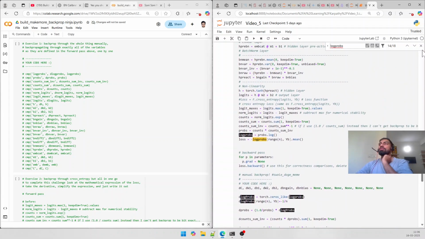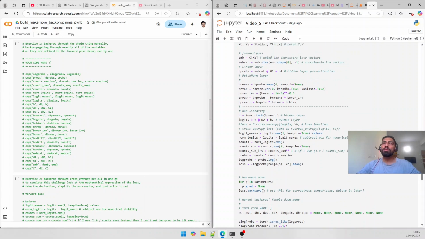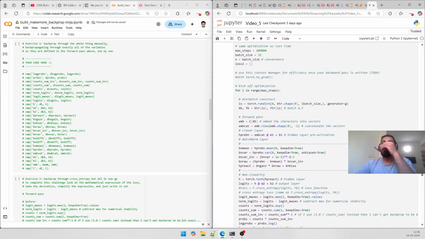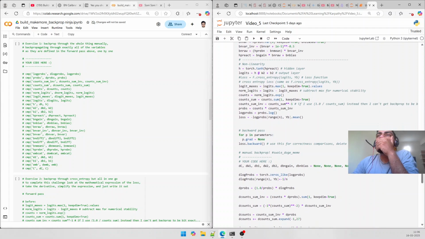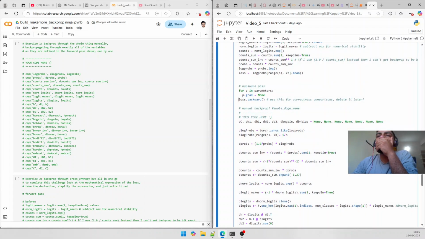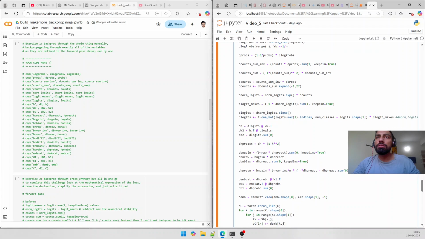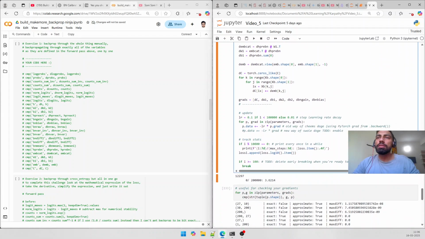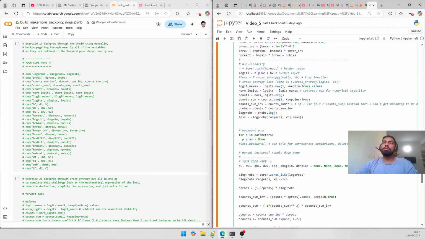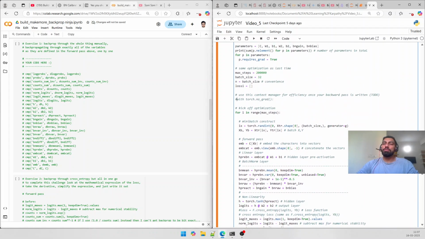So what we can do is we are not going to use this loss.backward. We'll update using our own explanation. Okay, and it is not required.